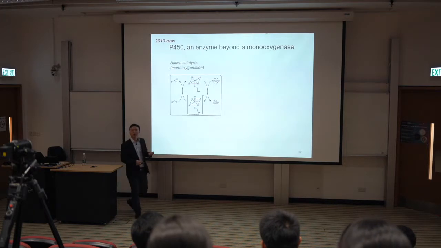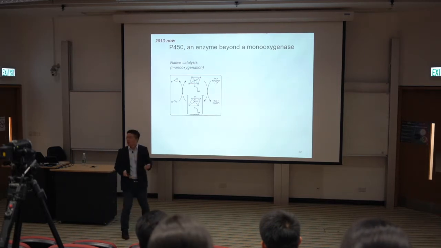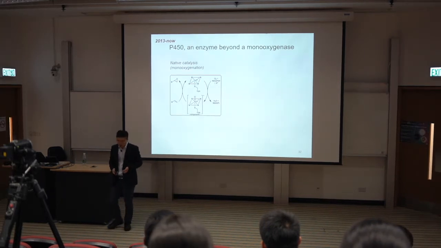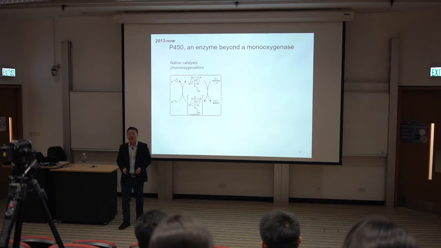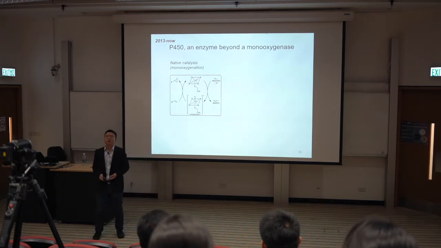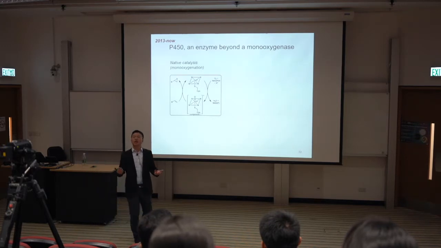What can we do? One postdoc, Eric Brustad, who used to be a PhD student with Peter Schultz at Scripps, joined the Frances Arnold lab. He imagined, can we use these enzymes to create carbon-carbon bonds, carbon-nitrogen bonds, even carbon-silicon bonds?